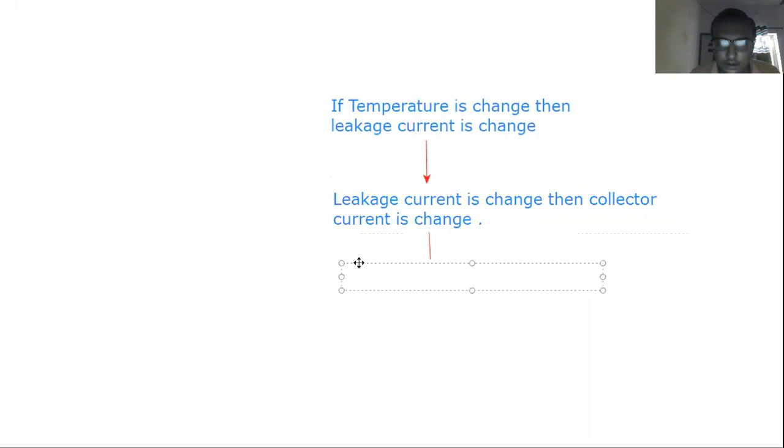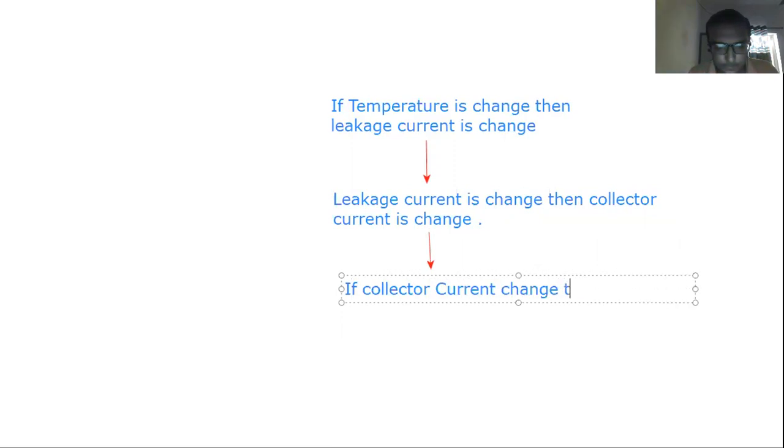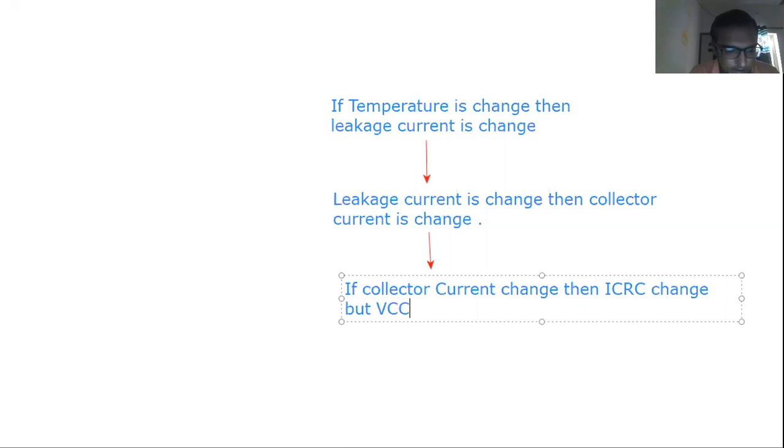If collector current changes, then ICRC changes, but VCC is constant.